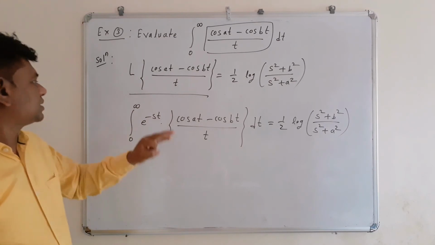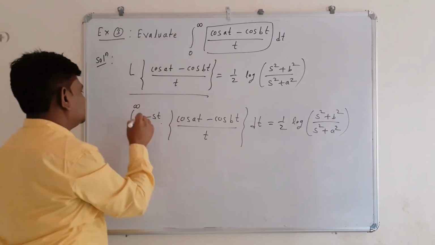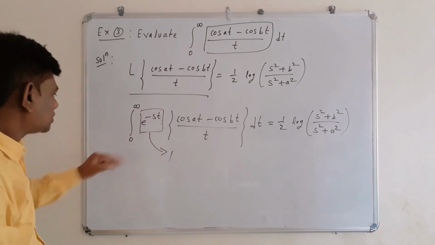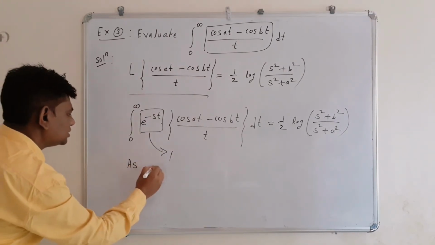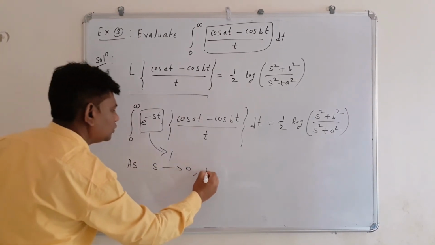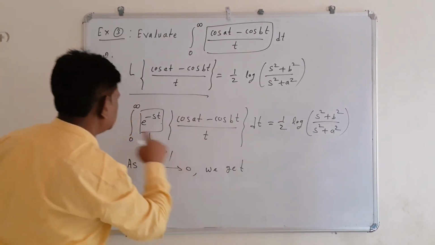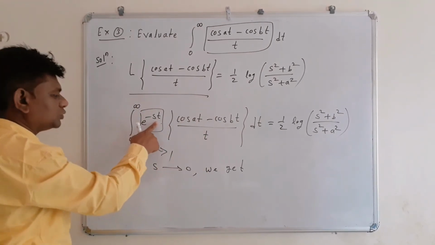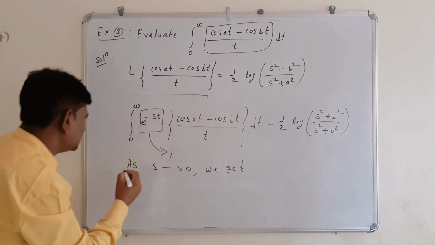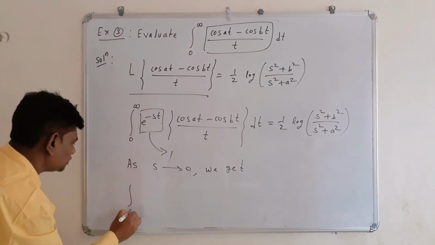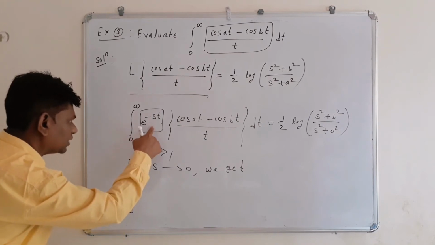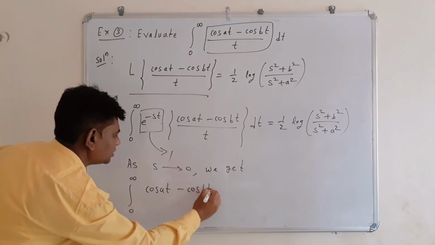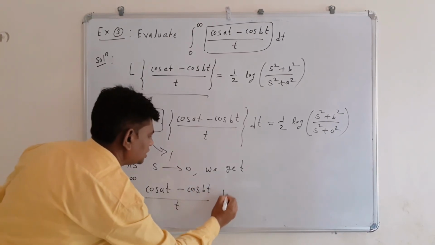Now in the given integral, e to the power minus st is equal to 1. So for this, as s approaches 0, we get e to the power minus st as 1, meaning e to the power 0t, e to the power 0, which is 1.